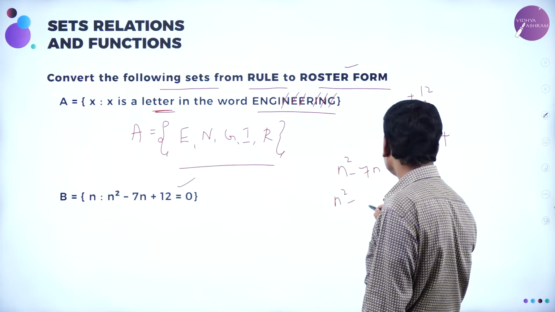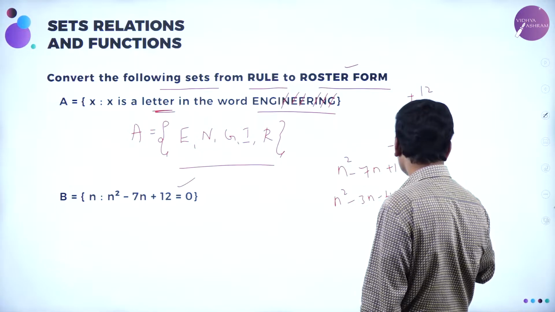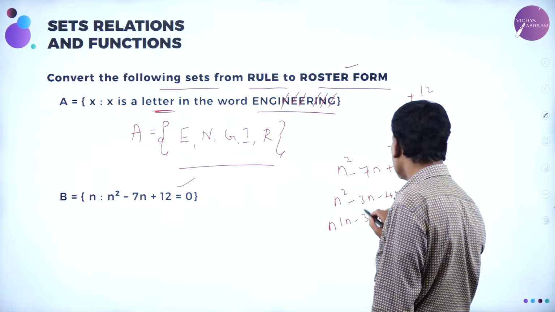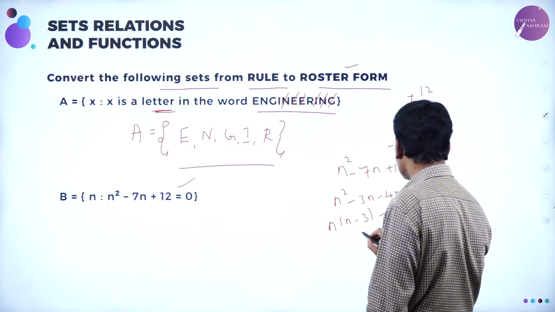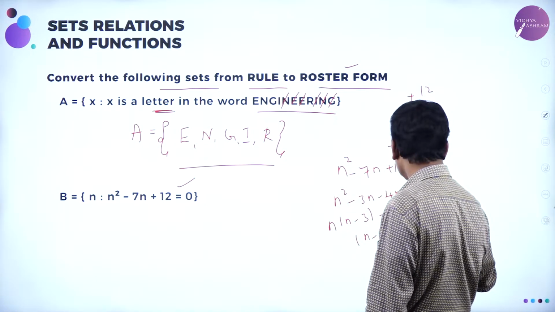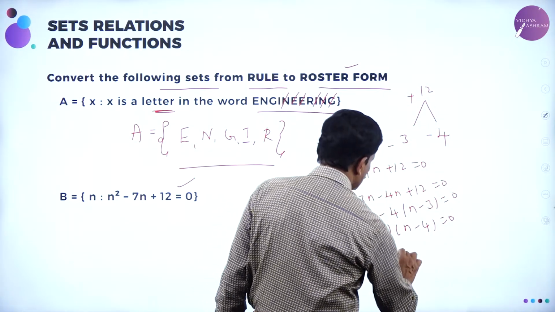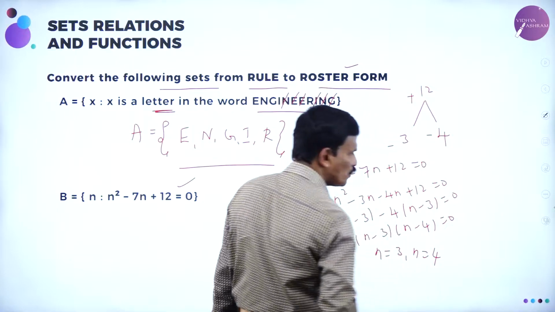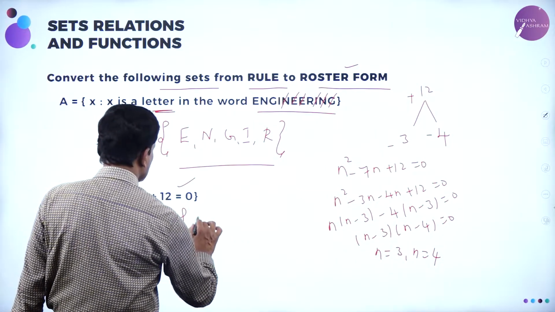So n^2 - 3n - 4n + 12 = 0. Take n common: n(n - 3) - 4(n - 3) = 0. The factors are (n - 3)(n - 4) = 0. Therefore, n = 3 or n = 4. So the elements of the set B are 3, 4.